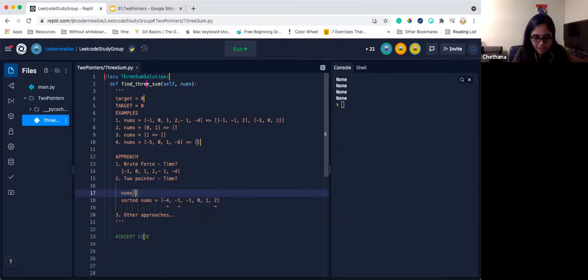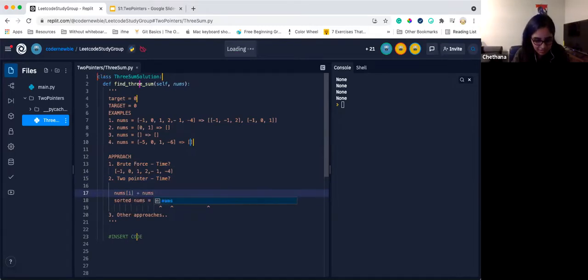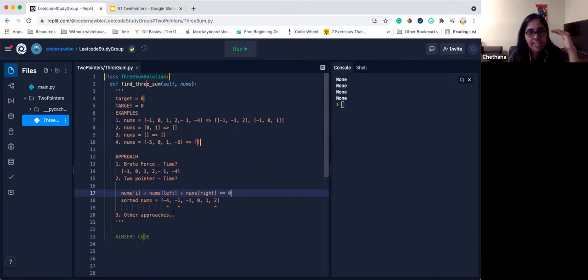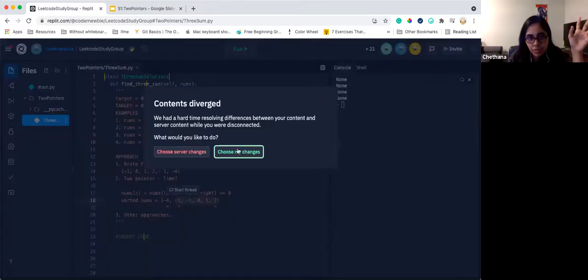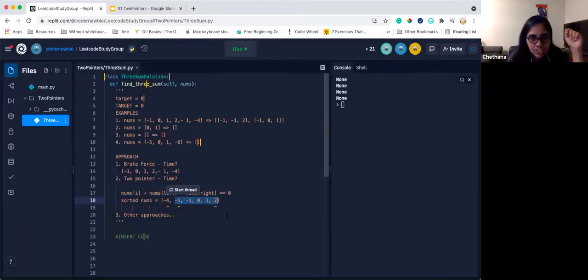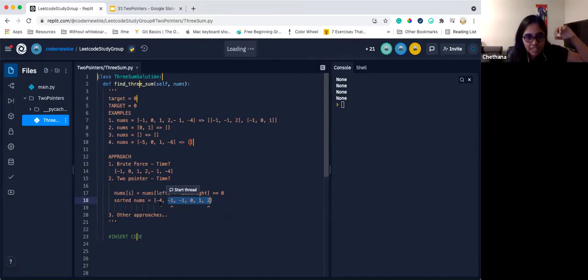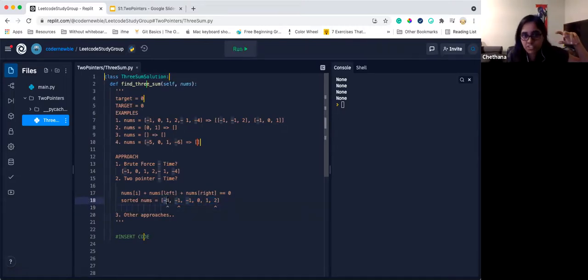Let's go one more round. Nums of left and nums of right should equal 0, which means this part should equal 0 minus nums of I. Nums of I is the first element, wherever you position the first pointer.